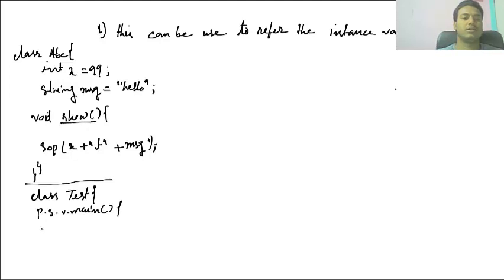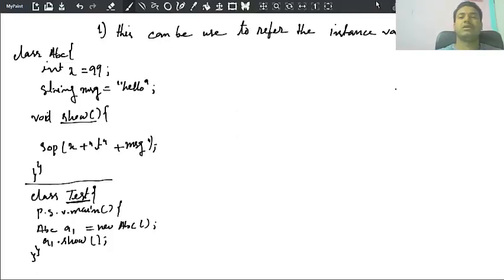So I'll create ABC A1 is new ABC, right? And we call A1.show. Right?